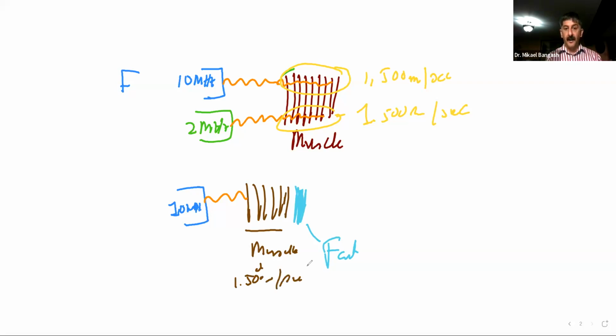When it travels through fat, which is a different medium, it travels at a lower speed, just 1,450 meters per second.